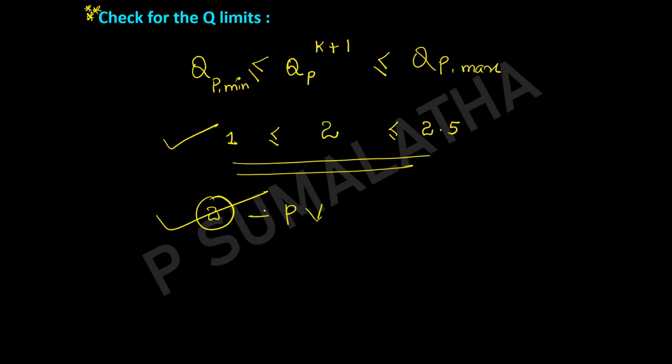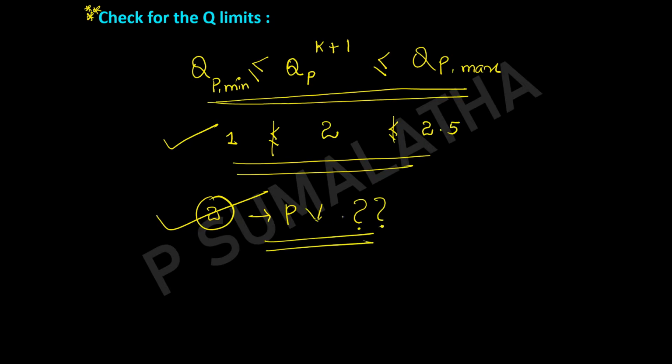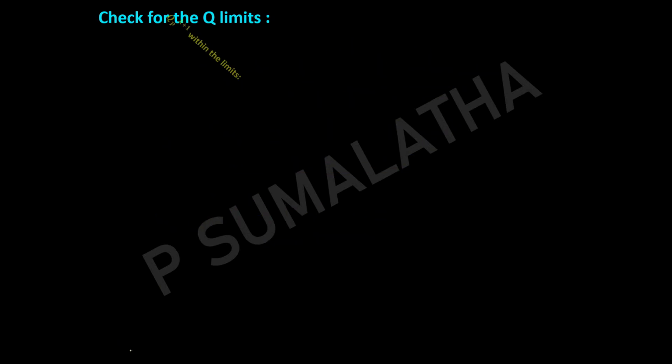Second bus is a PV bus. Then you will proceed for the calculation of remaining things. Suppose it is violating these limits, it is not within this range, then what you have to do? Whether this bus will be retained as a PV bus or whether you have to do any modifications to this, let us see.